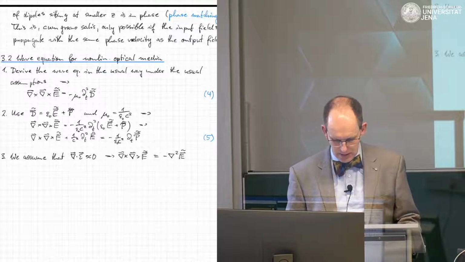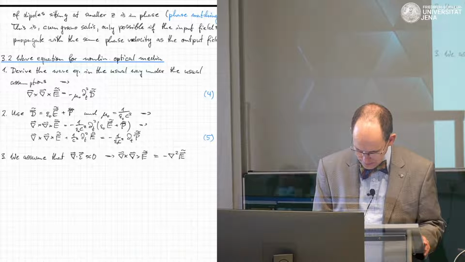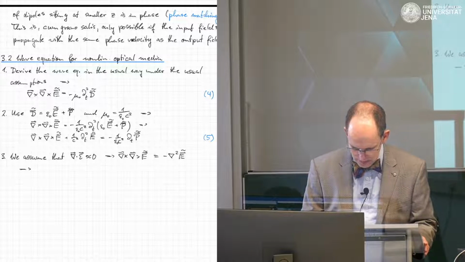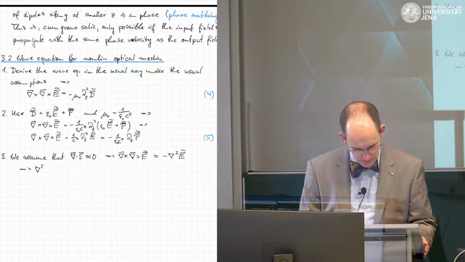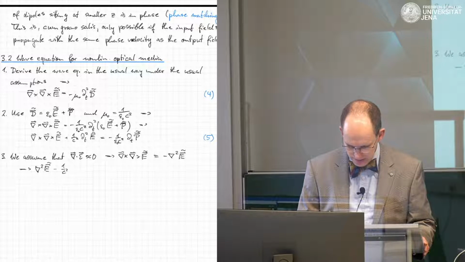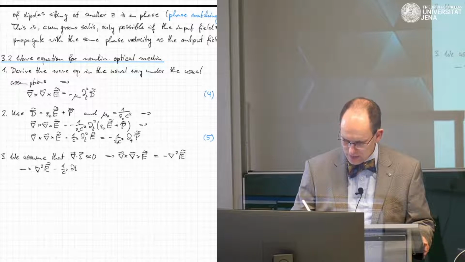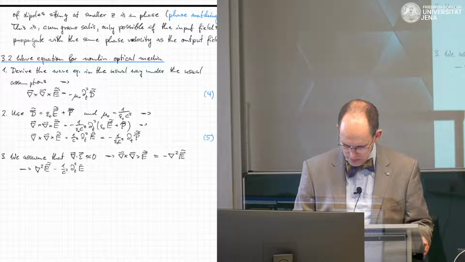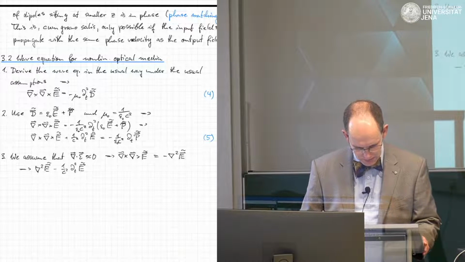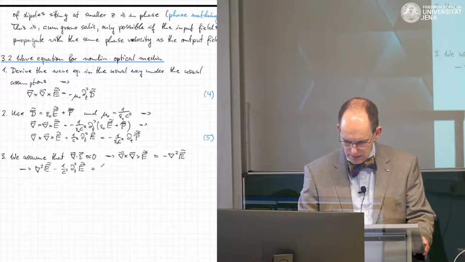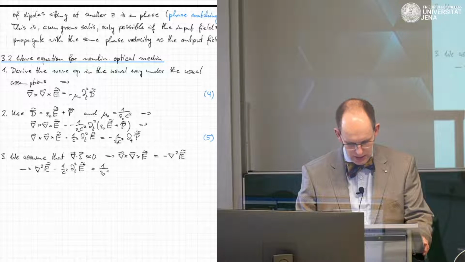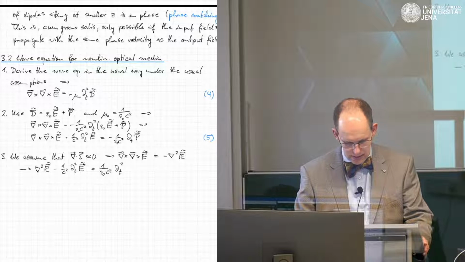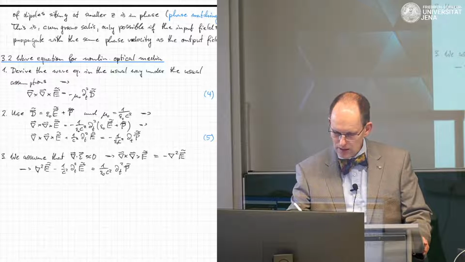And with this, we arrive at the Laplace operator of the E field minus 1 over c squared times the second derivative of the E field with respect to time, and this is equal to 1 over epsilon 0 c squared times the second derivative of the polarization.